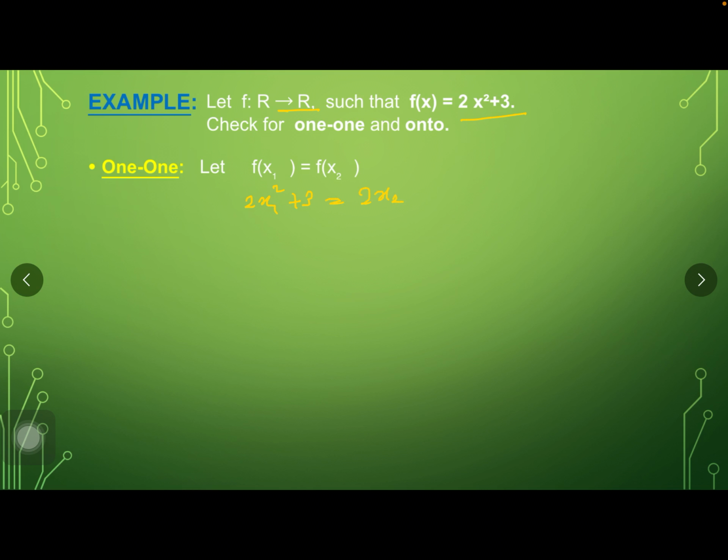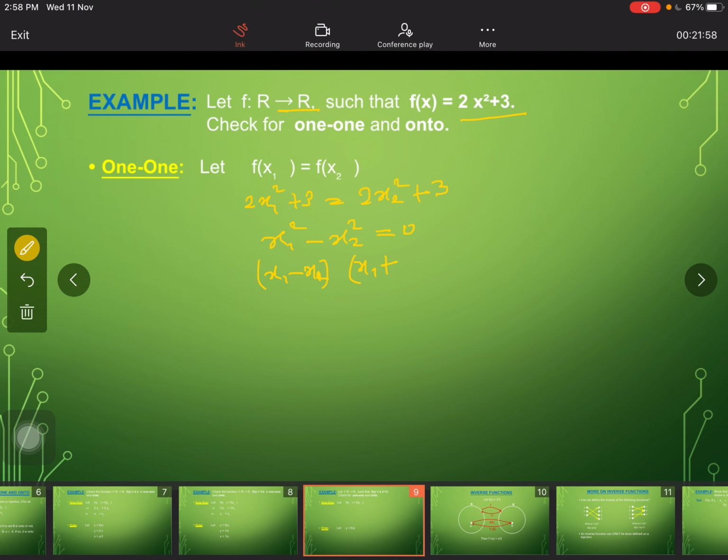So we see here our f(x1) function will be 2x1² + 3. This is equal to, we write 2x2² + 3, right? So now this will be x1² minus x2², right? So this is x1² − x2² equal to 0.